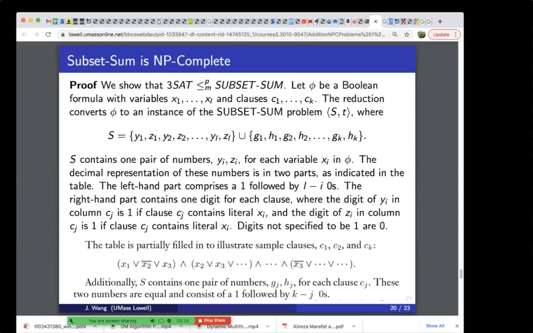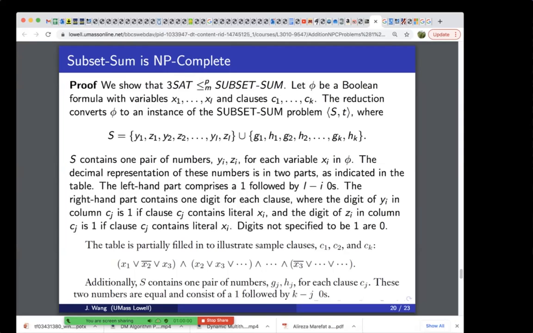Okay. So what we are going to do is to reduce 3SAT to subset sum. So that means that now in 3SAT, you are given a 3CNF formula that contains literals and variables.